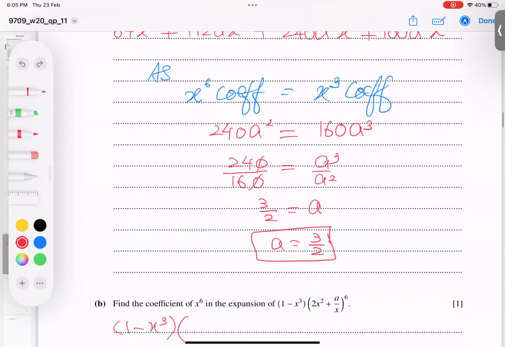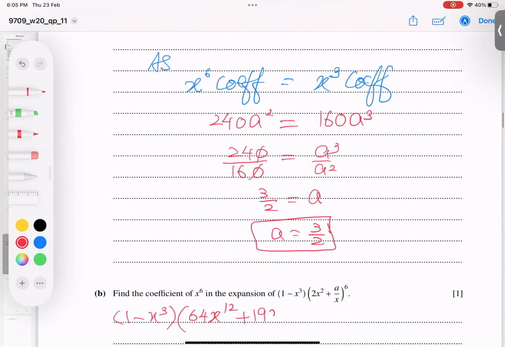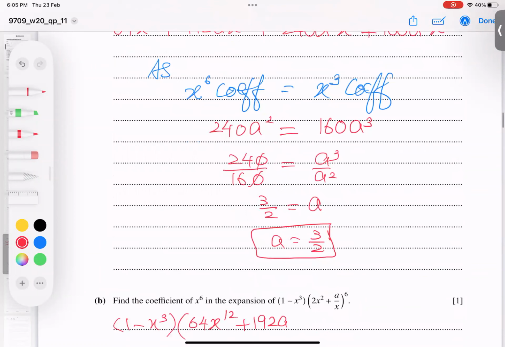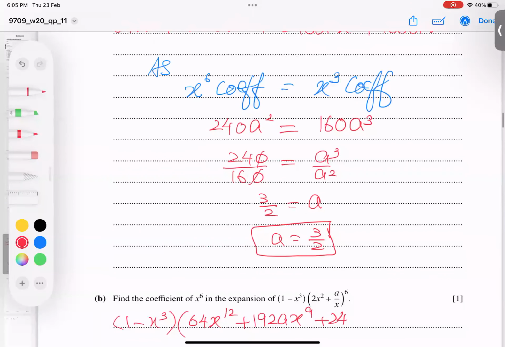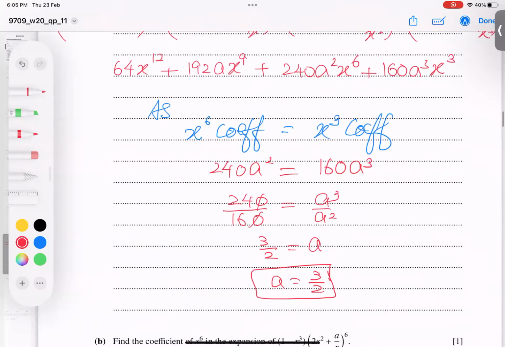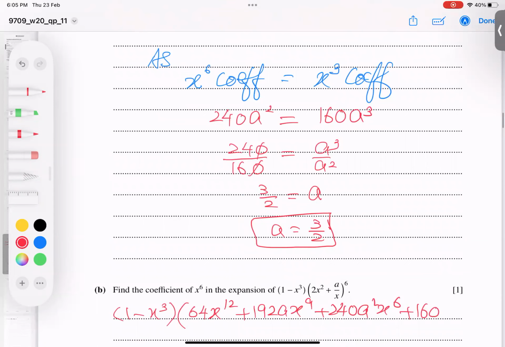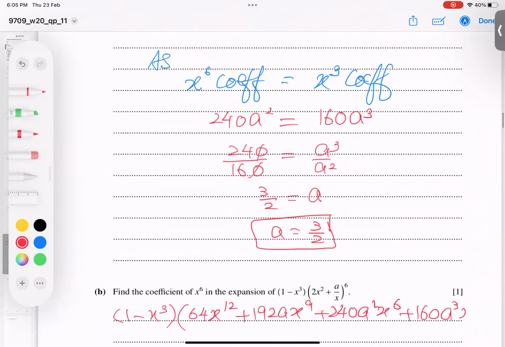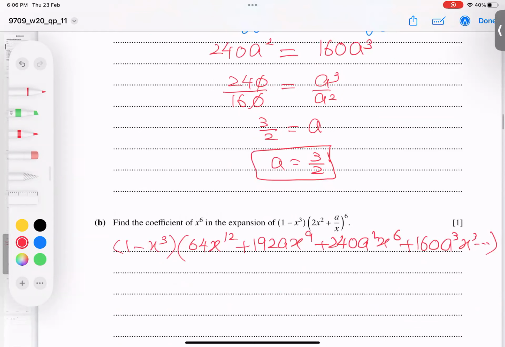First of all, 64 x to power 12, then 192 a x to power 9, then 240 a to power 2 x to power 6, then 160 a to power 3 x to power 3, and so on.